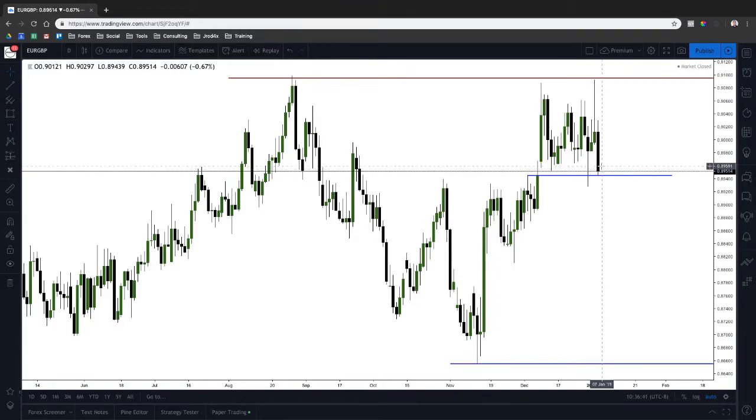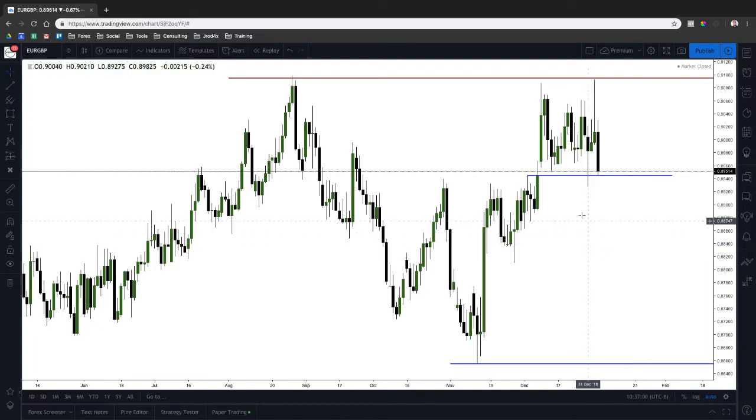So I'm wanting to see whether or not we're going to be able to find some support here and trade higher, or are they going to start pushing for the liquidity below here, which could ultimately take us back into this area here and potentially lower.